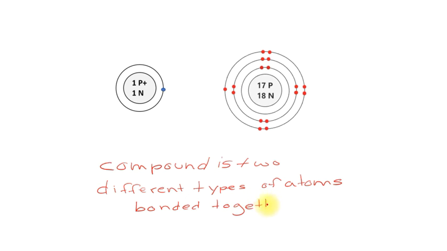So that's what a compound is. A molecule is two atoms together, but a compound is two different types of atoms bonded together.